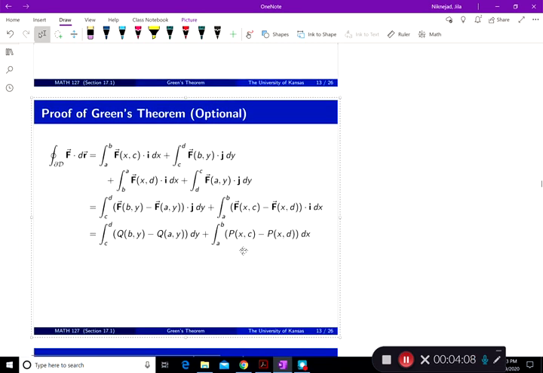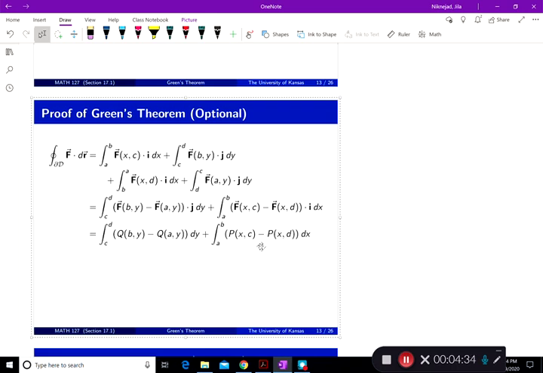So what you realize is that if F was P and Q, the left integral is Q of (b,y) minus Q of (a,y), and the right integral is P of (x,c) and P of (x,d). Oh, wait a minute, what could that be?